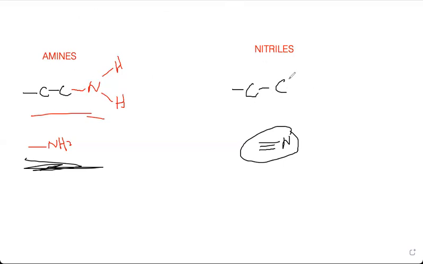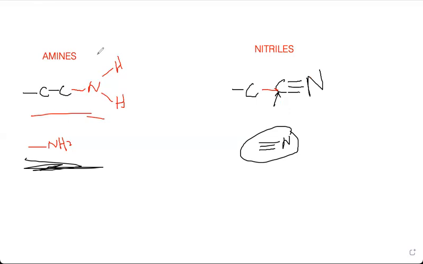Okay, 2 carbons. You know, carbon can make 4 bonds. You can see this carbon is making 4 bonds, 3 with nitrogen and 1 with the previous carbon. But keep in mind, with this carbon you cannot attach any hydrogen, because carbon is already making 4 bonds. This is the single bond of the carbon with the previous carbon, and there is a triple bond with the nitrogen. This is called nitriles.